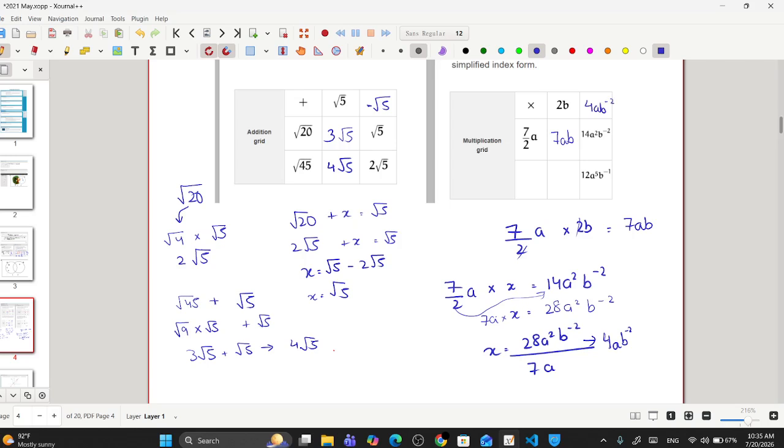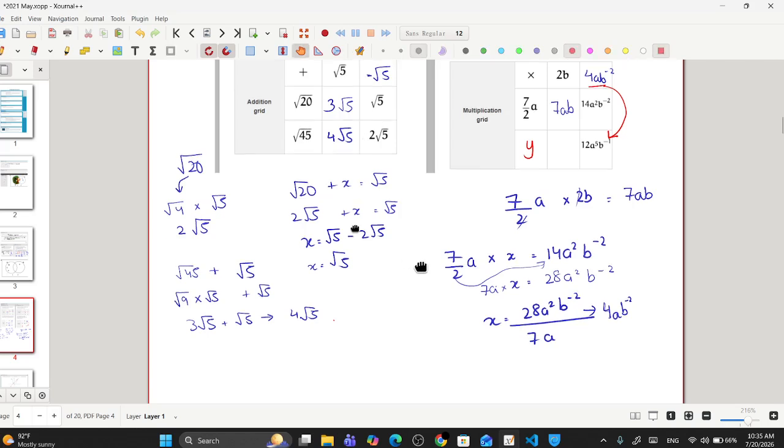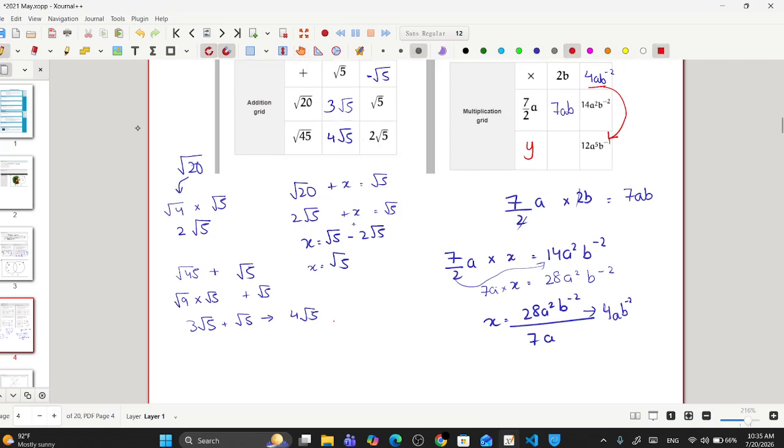Now, here comes the trick. You see, this region, let me label this as y, multiplied by this region is going to give us the answer of this. So let's find the region of y. y multiplied by 4ab raised to the power of negative 2 equals 12a raised to the power of 5 b raised to the power of negative 1.